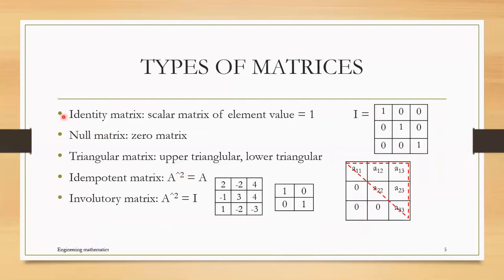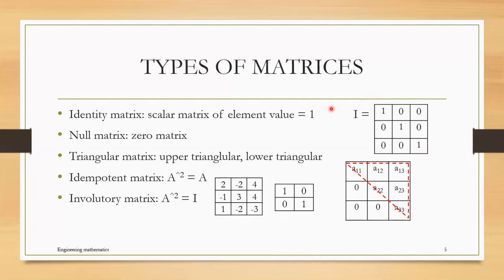The next type is the identity matrix. Before we define it as an identity matrix, the first three conditions must be satisfied. First, it should be a square matrix; then a diagonal matrix; third, a scalar matrix; and after that the scalar value should be 1.